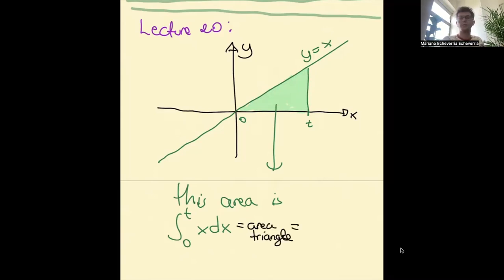What's the area of the triangle? It's right, its base is t times height. The height is also t, so it's t times t over 2, right? So it's t squared over 2.